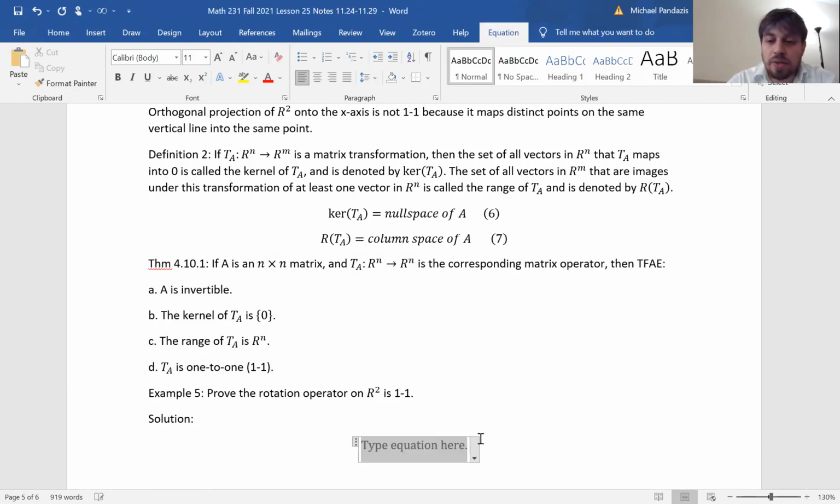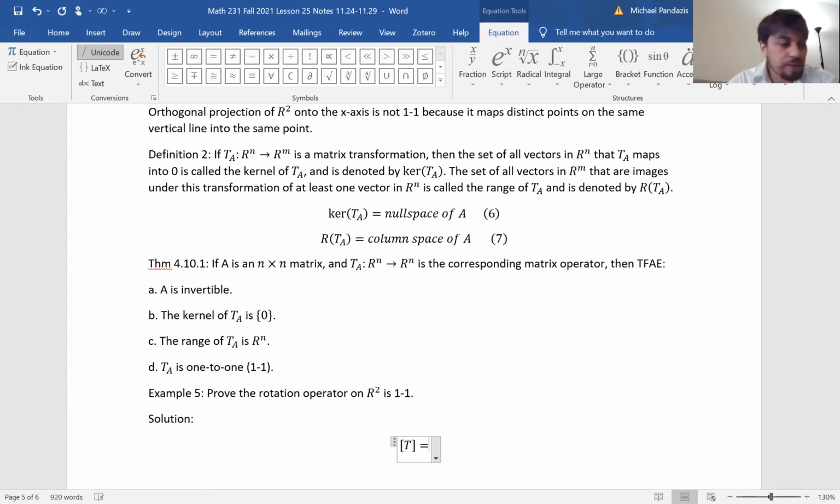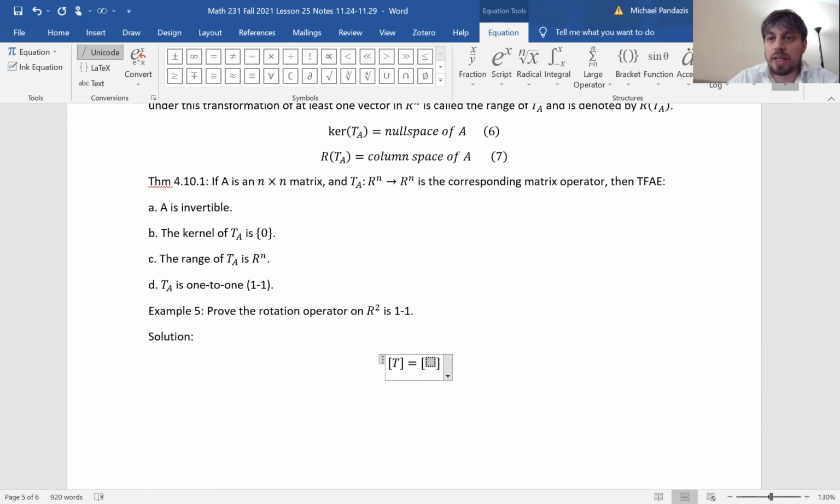The standard matrix for the rotation operator on R2 was given by cosine theta, negative sine theta, sine theta, cosine theta.